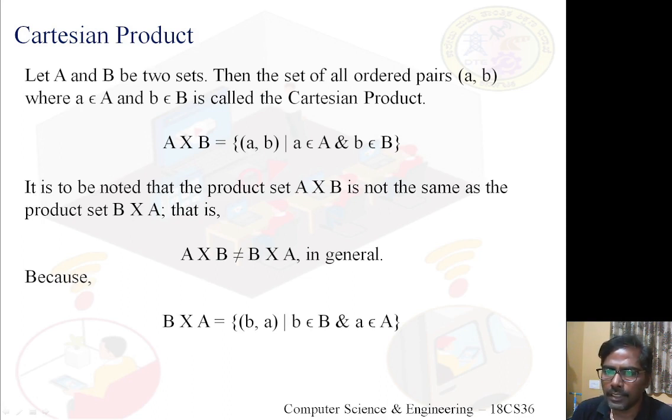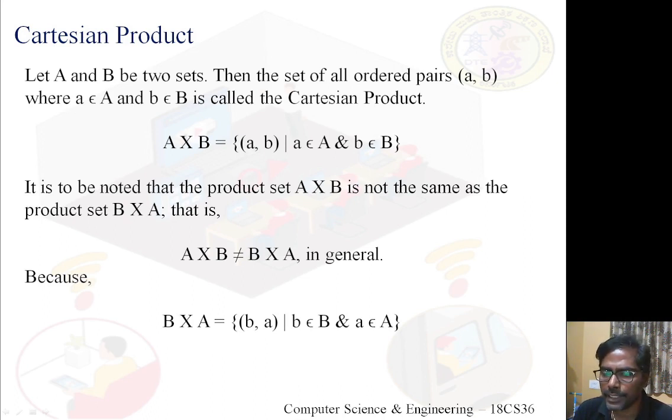Now assume you are given two sets, labeled A and B. The Cartesian product or cross product of these two sets A and B is nothing but a set.